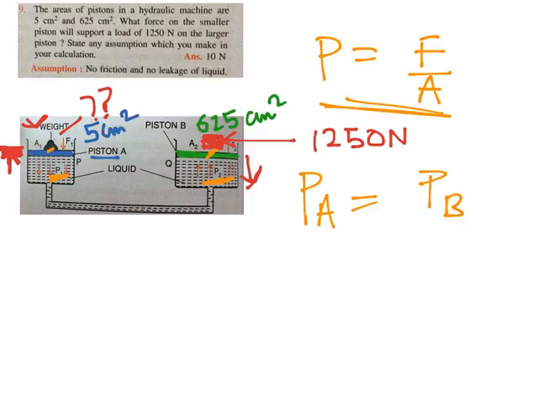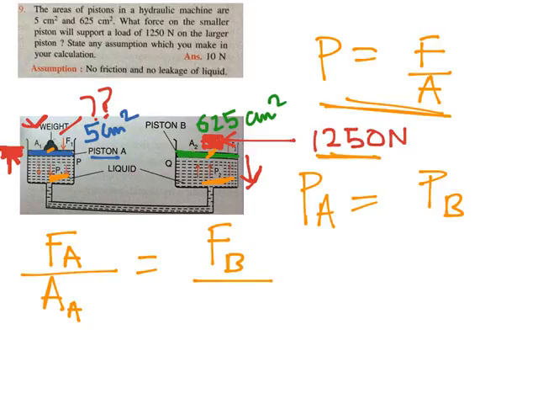So what is PA? PA is nothing but the force or weight we give on piston A divided by its area, and PB is the force that I have to support, that is this 1250 Newton force, divided by the area of piston B. The areas are in centimeter square, so we have to convert them into meter square.